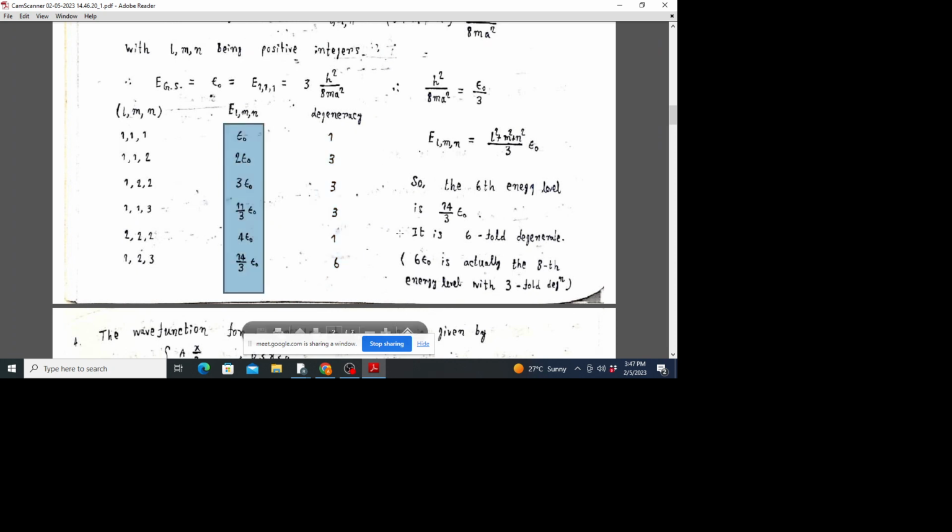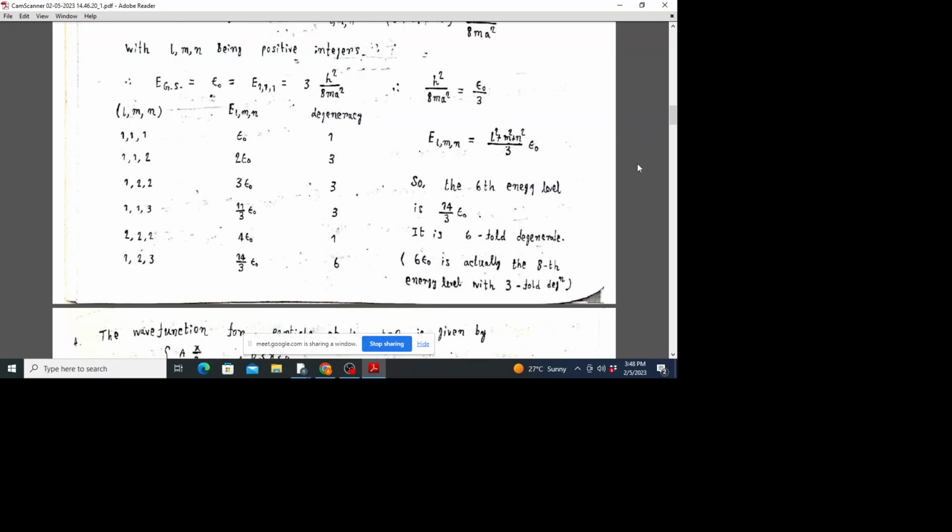As I have explained, in how many ways can you... Here you need three integers L, M, and N to represent an energy level, right?